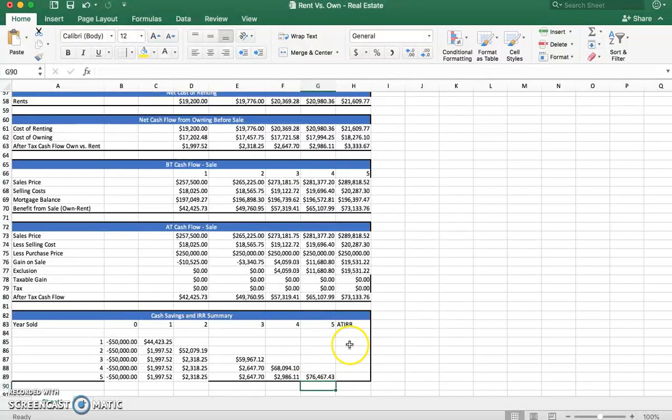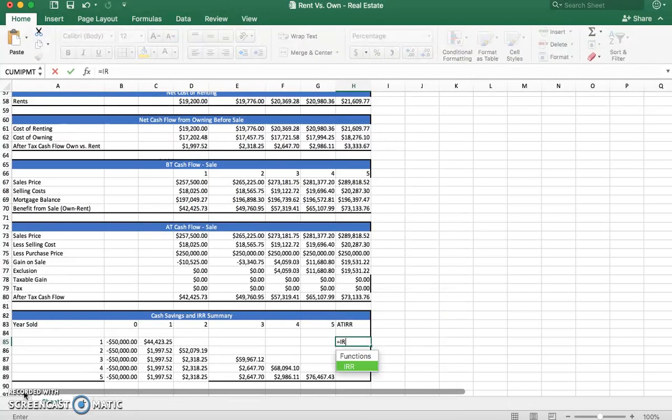That's good, but really what we're looking for is this after-tax rate of return right here, internal rate of return. So to calculate that, all we have to do is put in a simple internal rate of return equation, and then we're going to drag all the values for that year across, and it'll just calculate it for us.